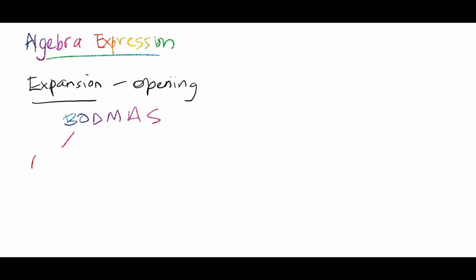We follow the rules of BODMAS, whereby if you see a bracket, you do the bracket first, followed by the D, which is division, and then multiplication, addition, and subtraction.